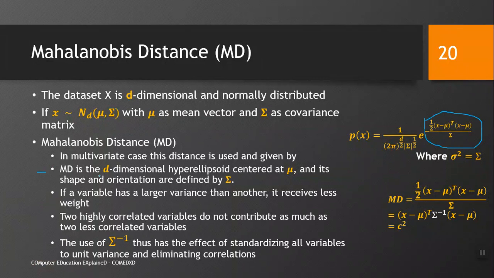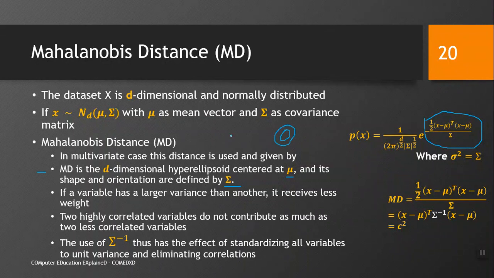Mahalanobis distance is the d-dimensional hyperellipsoid centered at mu, and its shape and orientation are defined by the covariance matrix. Of course, it is defined by this, because if the variance between two features is less in one dimension and higher in the other dimension, then these kinds of ellipses could be found.